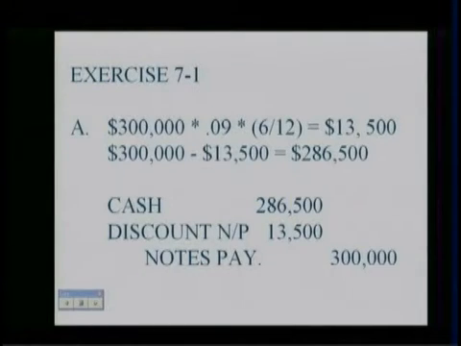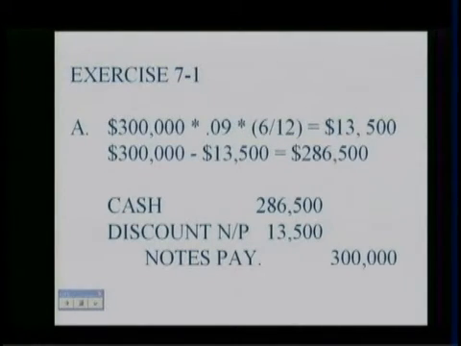Now the bank is going to keep that $13,500 as prepaid interest, or the discount. So all the company will receive is the $300,000 minus the $13,500, or the proceeds would actually be $286,500.